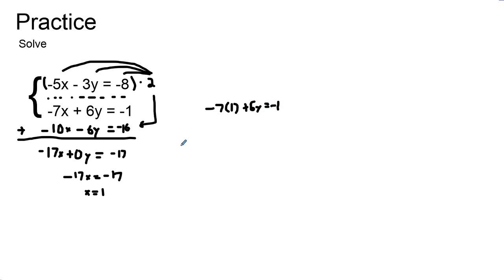So I get negative 7 plus 6y equals negative 1. Adding 7 to both sides, I get 6y equals 6. Dividing by 6 on both sides, I get y is equal to 1. So the answer I get for this one is 1, comma 1.